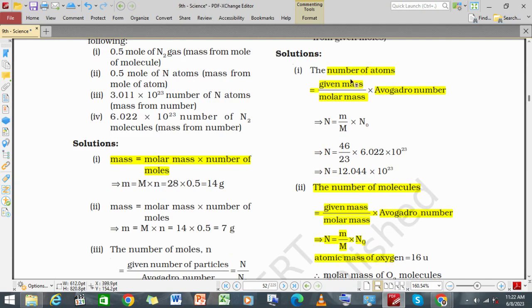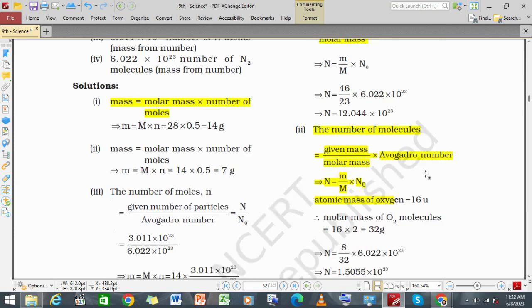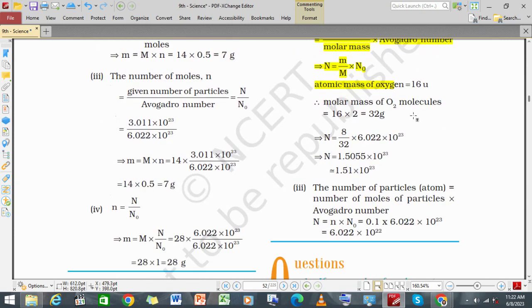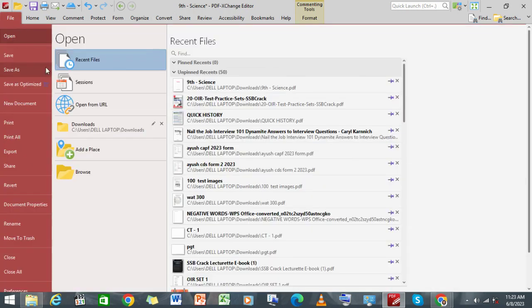So in order to find the number of atoms or the number of molecules, the same formula will be used: the given mass by molar mass into Avogadro number, and after division we will get the answer. And here for the number of particles, another formula has been used.